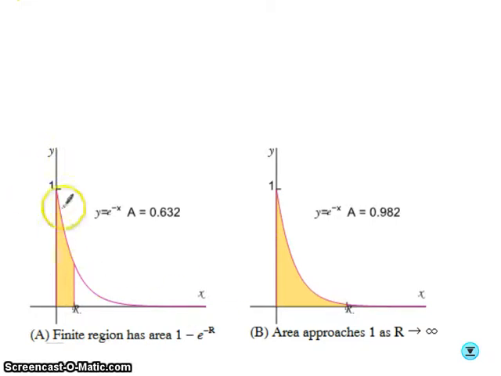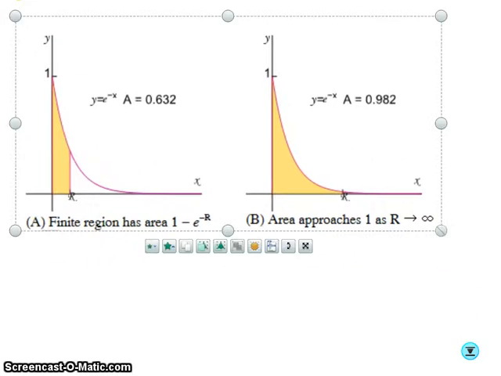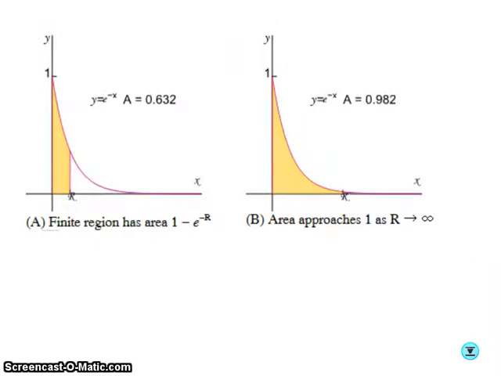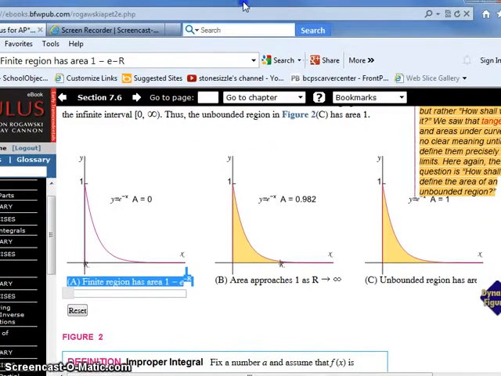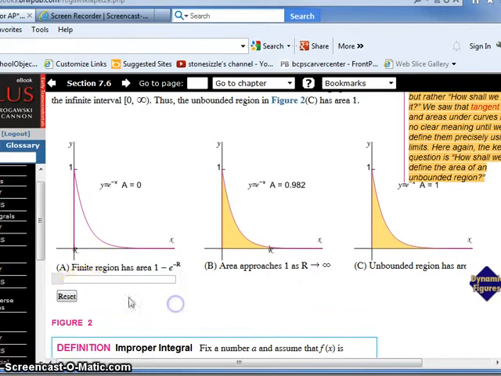If you look at that, this is the actual curve that we were just talking about. I'm going to bring in something here from our textbook. There you go, it's a dynamic figure.